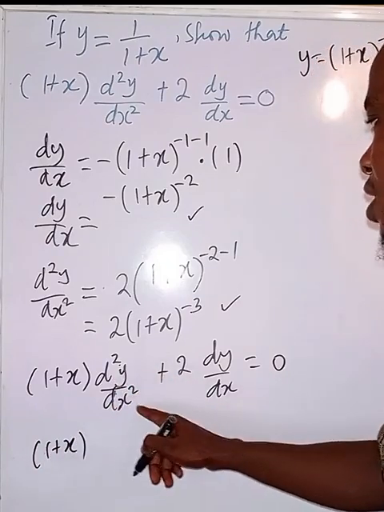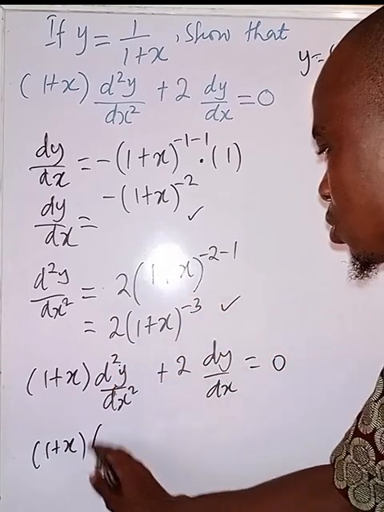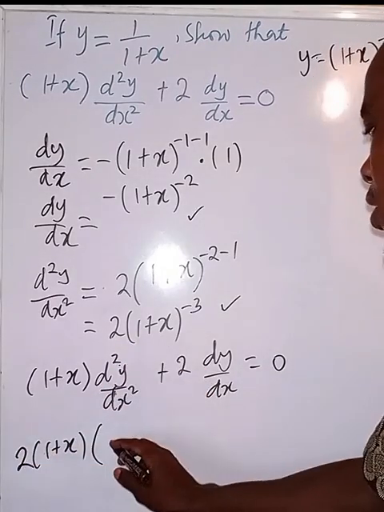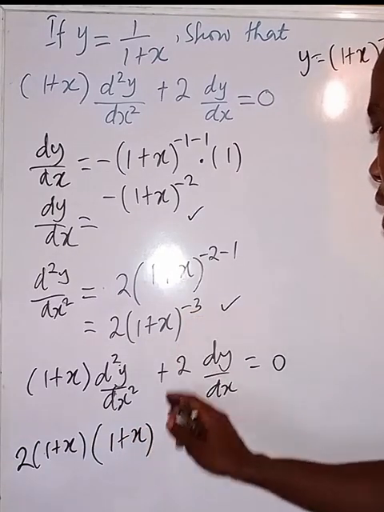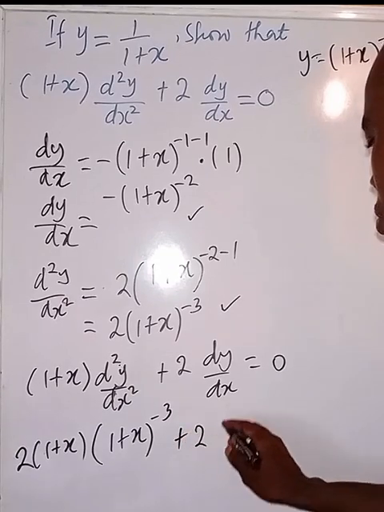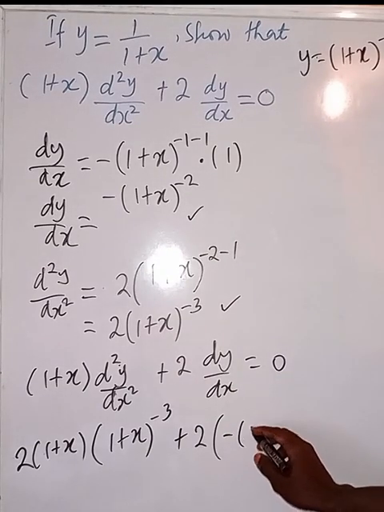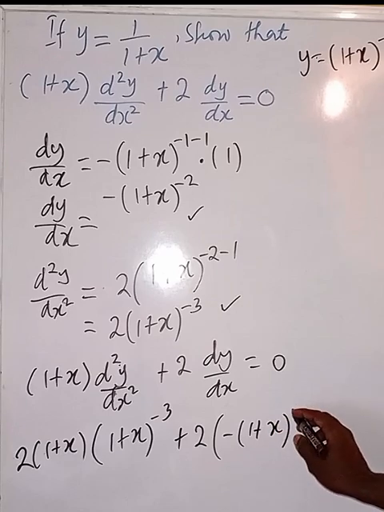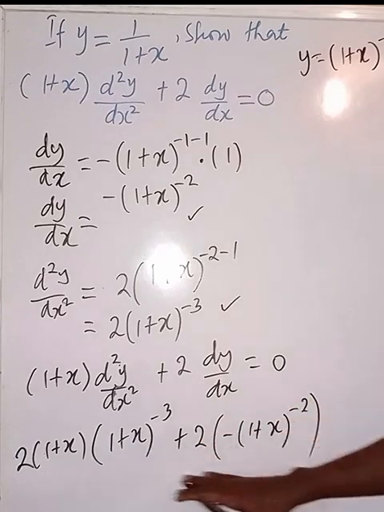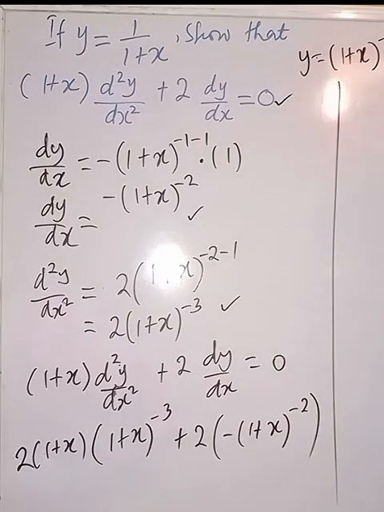Now d squared y over dx squared can be written as this, and we're going to have 2, the 2 will be here, multiplying (1 plus x) into bracket to power minus 3, plus 2 into bracket dy dx is this, minus, multiplied by (1 plus x) to the power minus 2. So we want to see whether this is going to give us 0. So if we simplify this and it gives us 0, it means this satisfies.